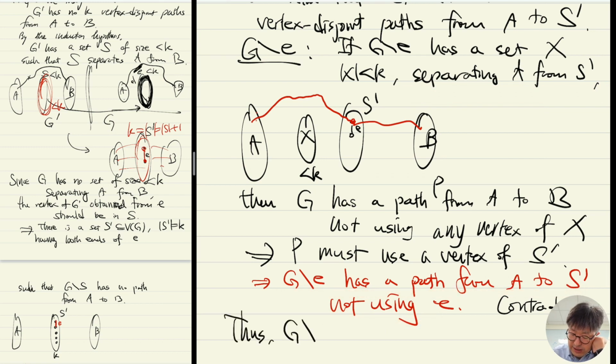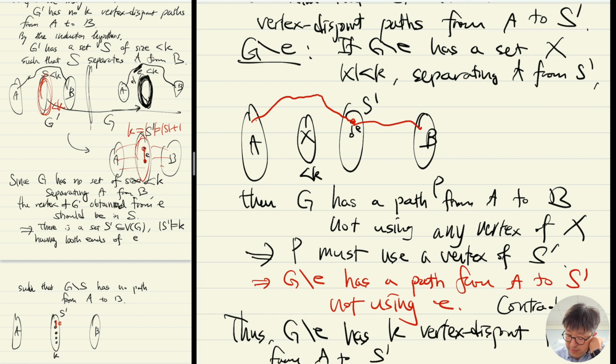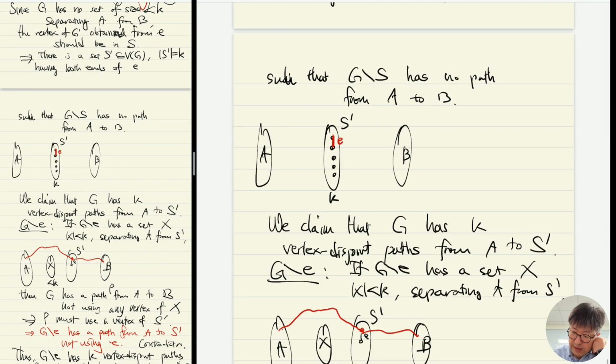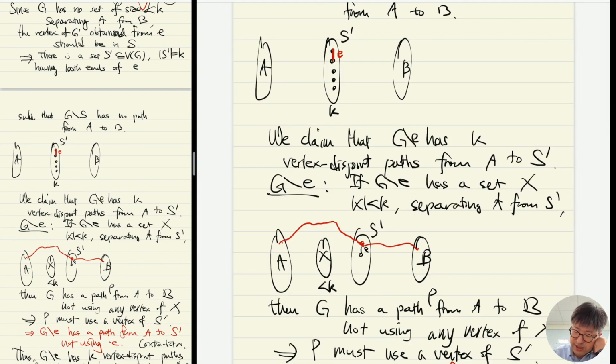Thus, G delete E has K vertex disjoint paths from A to S prime by the induction hypothesis. Oh, I don't have to say G delete E, but anyway, it doesn't matter.